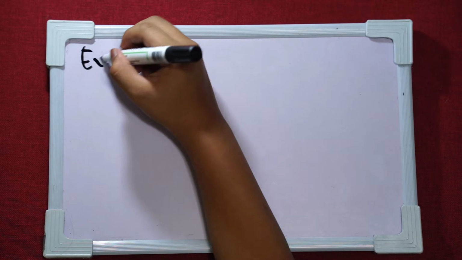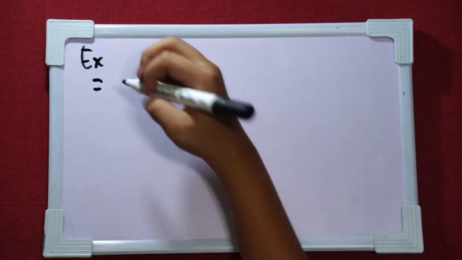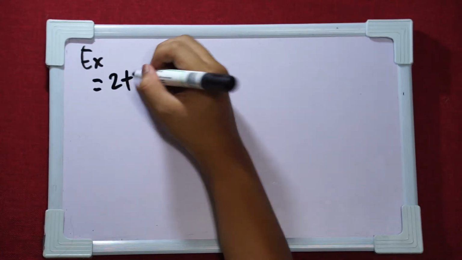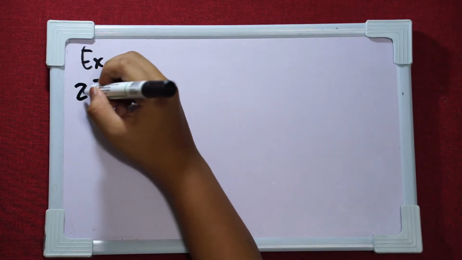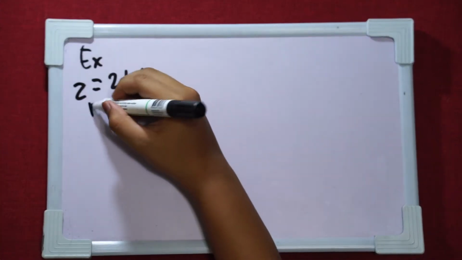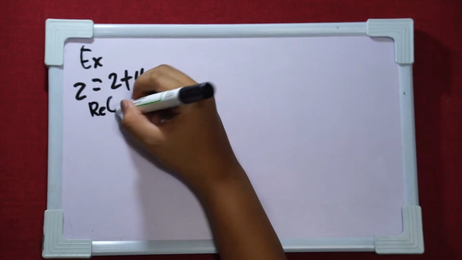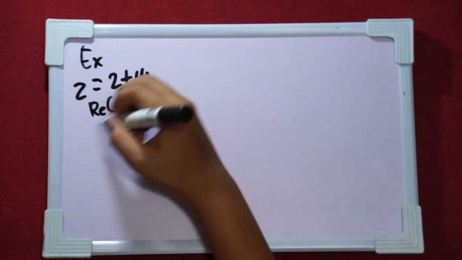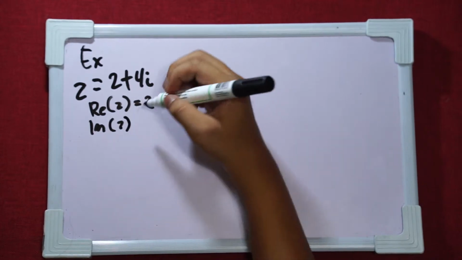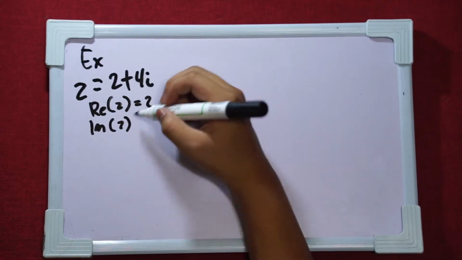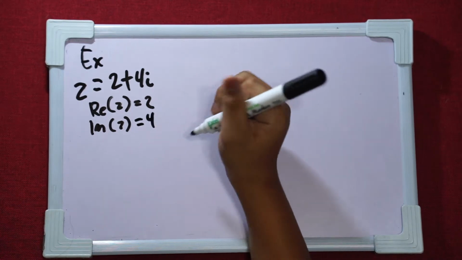Examples of these can be 2 plus 4i, and we can name this z. The real part of z is 2, and the imaginary part of z is what i is multiplied by, so in this case it is the number 4.